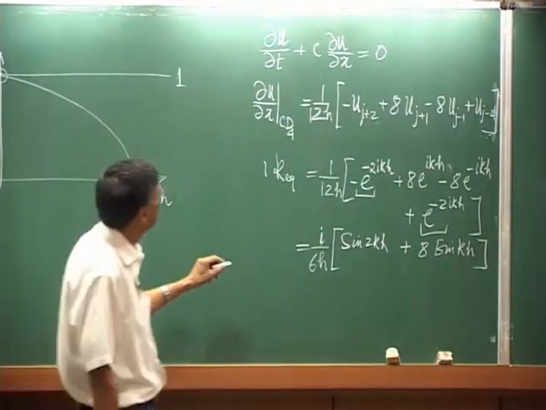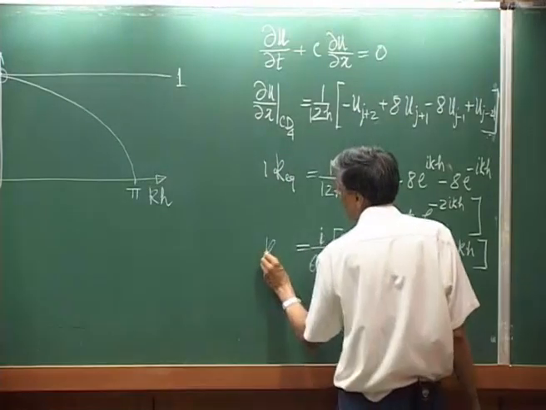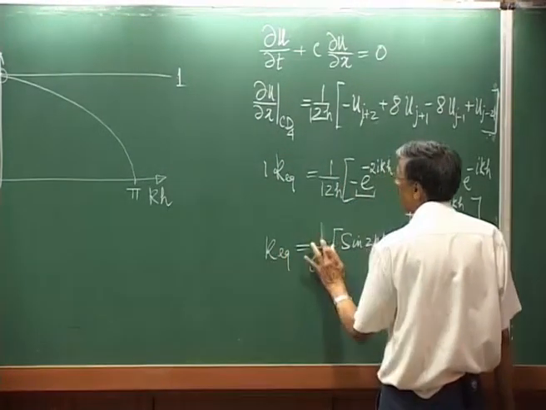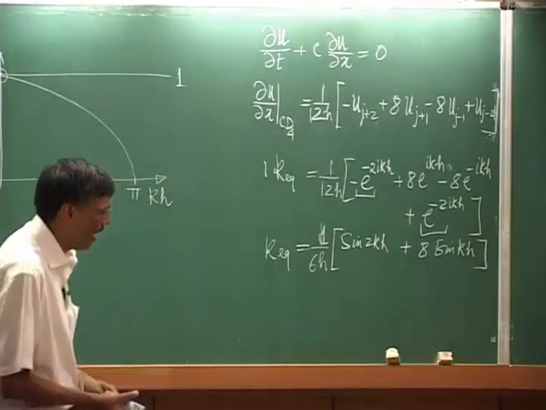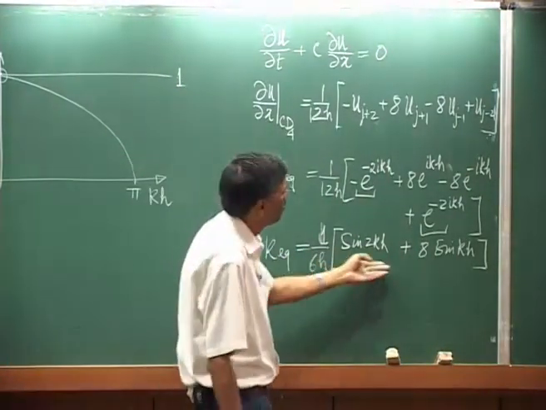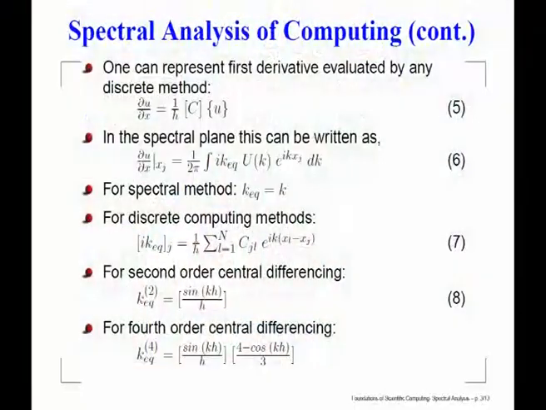So, of course, you can write k equivalent by omitting that i. So, you will get that, and do a little bit of simplification, and you will get this expression. So, what you find is that the fourth order differencing is equivalent to the second order differencing quantity multiplied by this factor, and this factor has a role to scale it up.